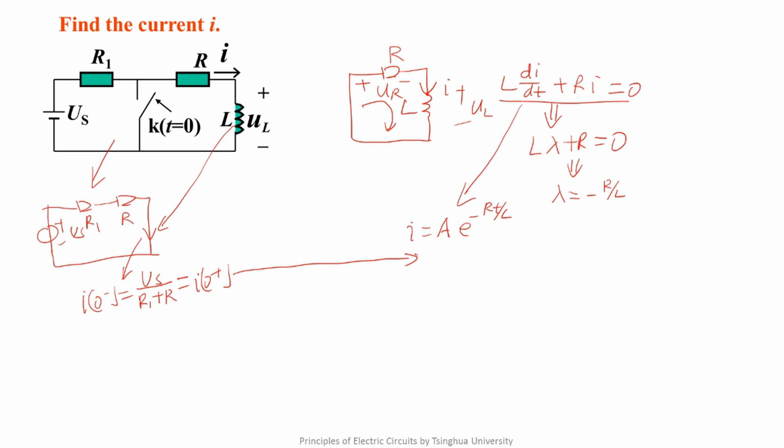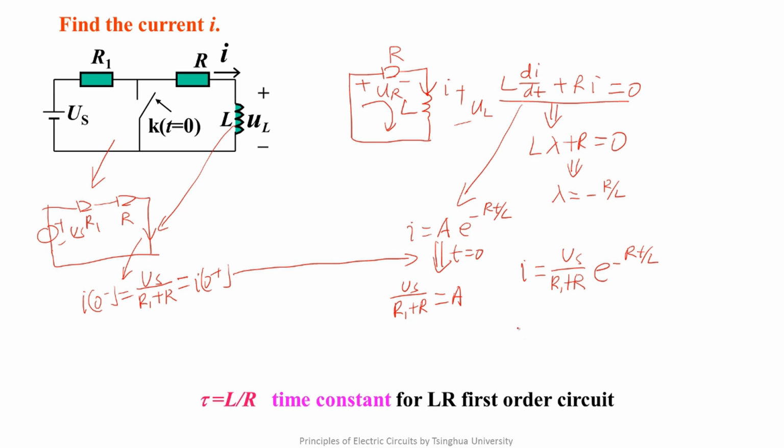Substitute it into this equation. When t equals 0, US over R1 plus R equals A. So i equals US over R1 plus R multiplied by e to the power minus Rt over L. Similarly, the time constant for the LR first-order circuit is defined as L over R. By analyzing, you will find its dimension is second.